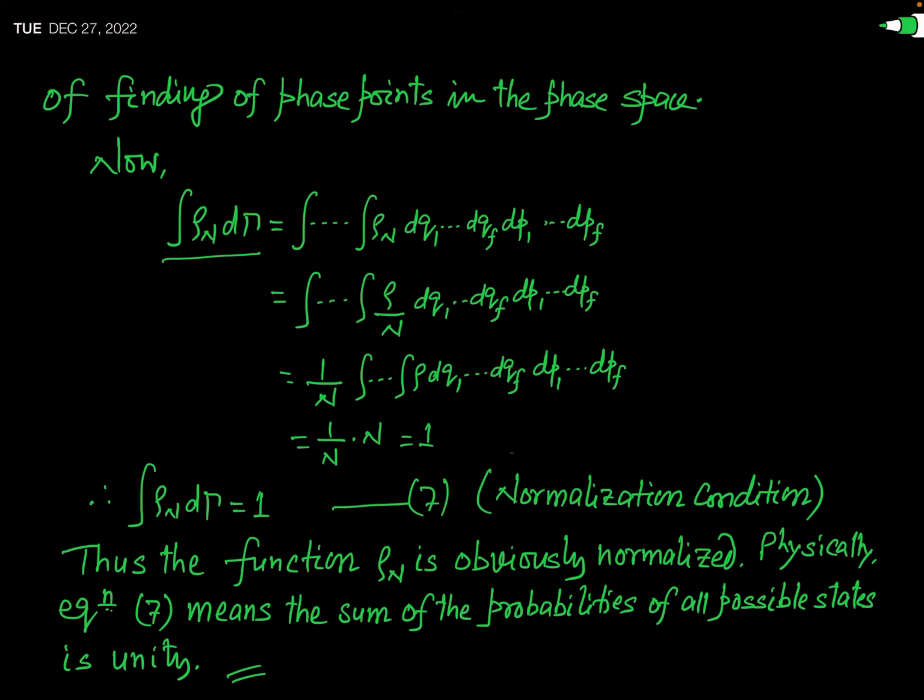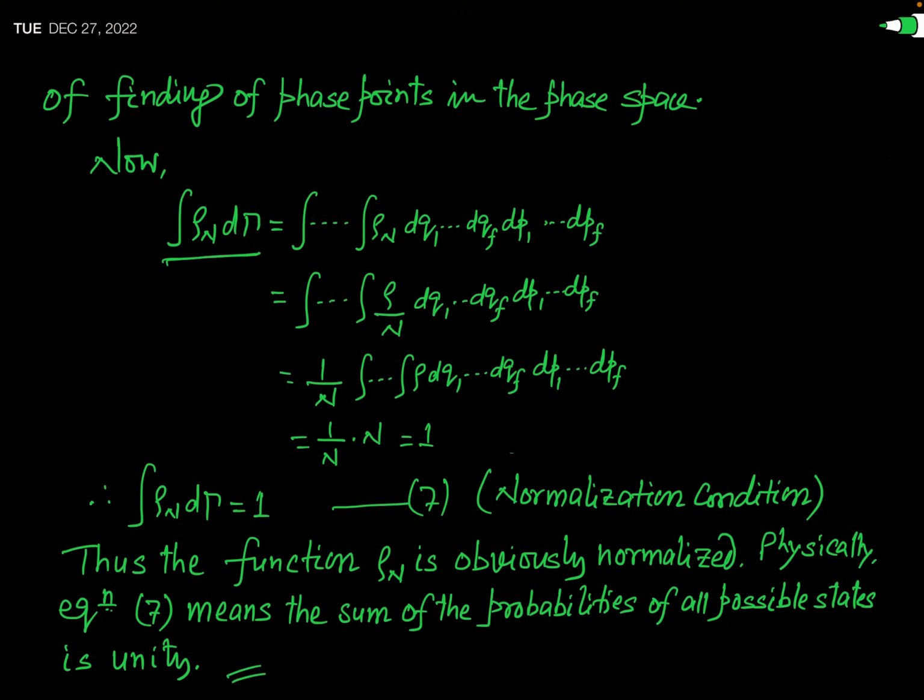So the integral of this rho n with respect to gamma over all phase space will definitely be equal to 1, and that is actually called the normalization condition.